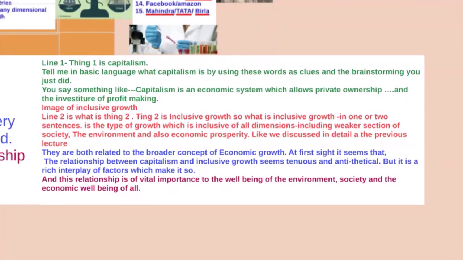Basically, all I'm saying is that the relationship is complicated. And then I finish my introduction by saying that this relationship is of vital importance to the well being of the environment, society, and the economic well being of all. That is a pretty effective and concise, to the point kind of introduction.